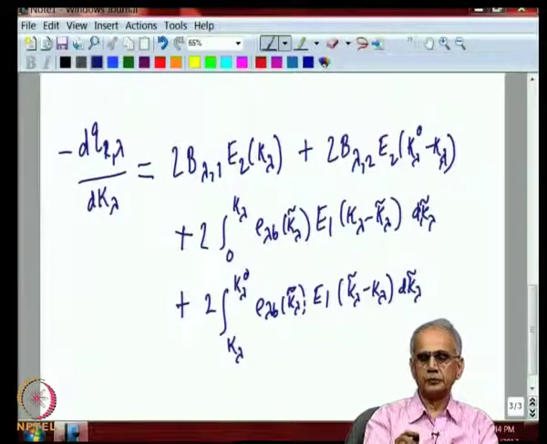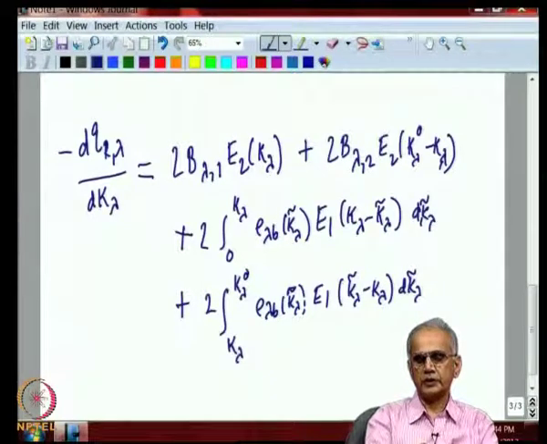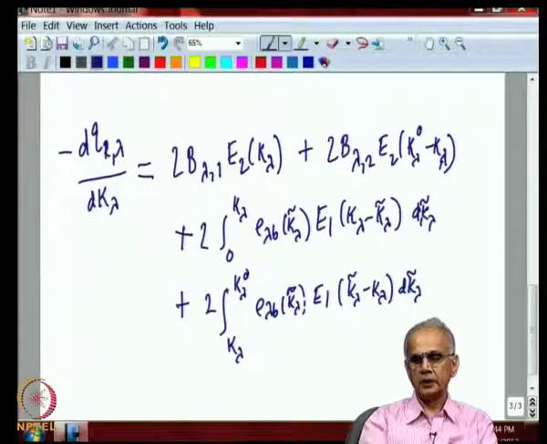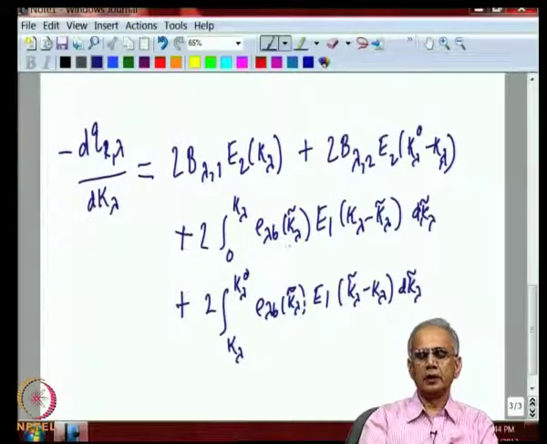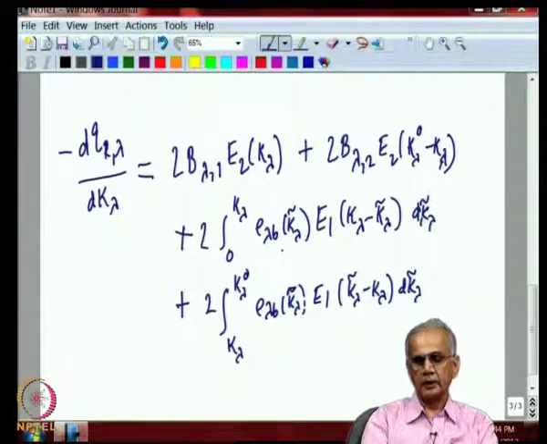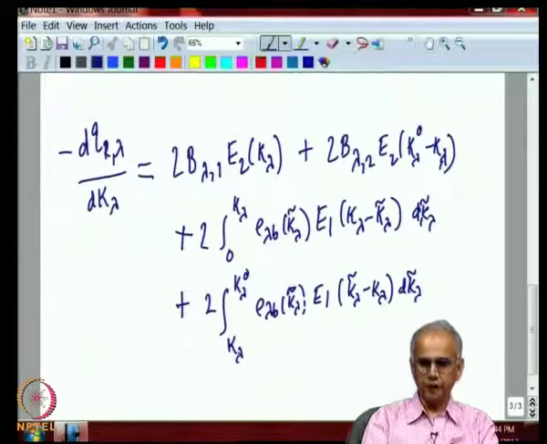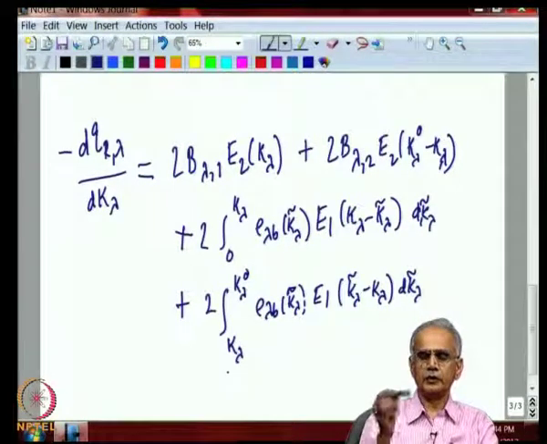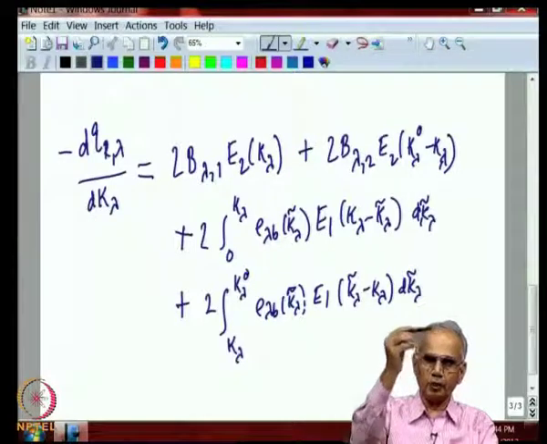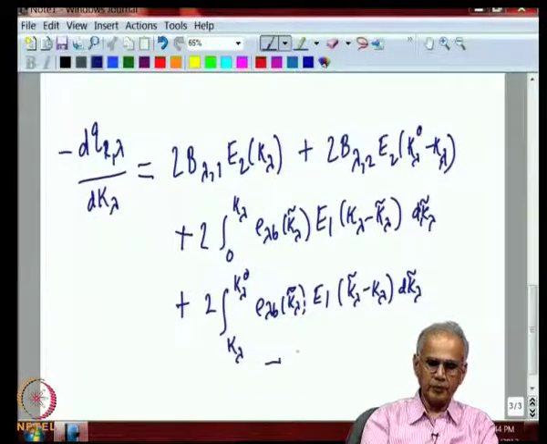After doing that, you will get the first term representing the absorbed radiation from the top surface, second term absorbed radiation from the bottom surface, third term absorbed radiation emitted by all gas layers below this layer, and the last term radiation absorbed by the layer from all the emission downwards, from above kappa lambda, and finally you have the emission term.